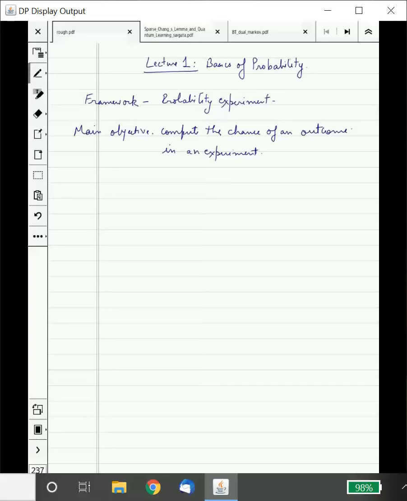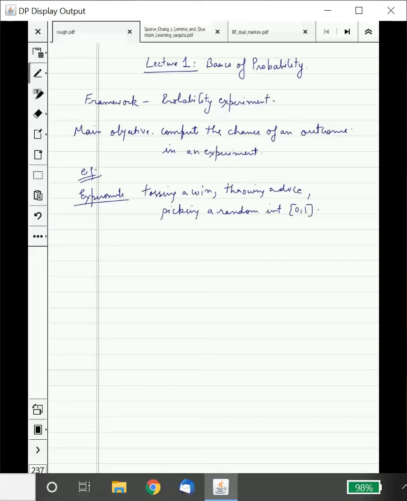For example, if I think of experiments, it could be tossing a coin, it could be throwing a dice, or it could be picking a random number from the interval 0 to 1. I have chosen 0 to 1, but it could be any other interval.